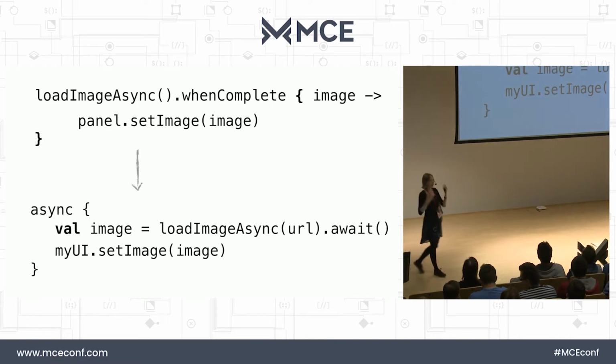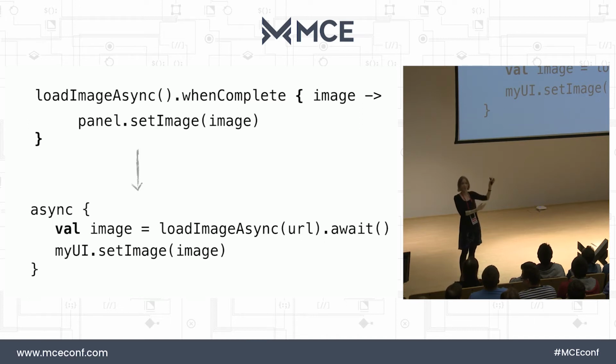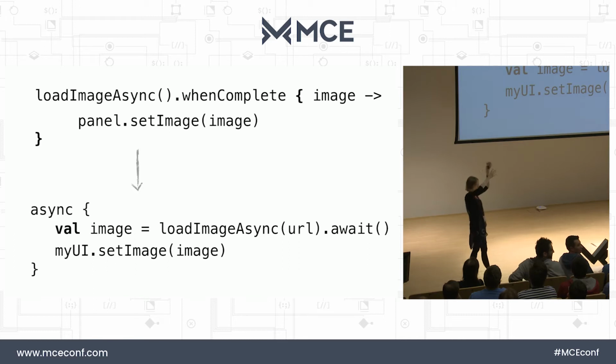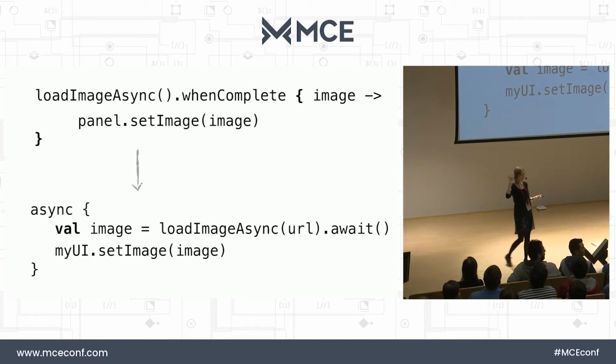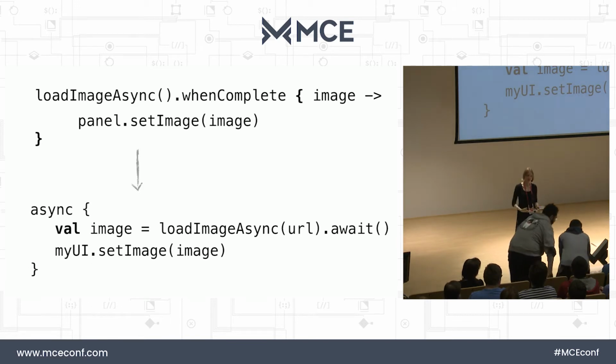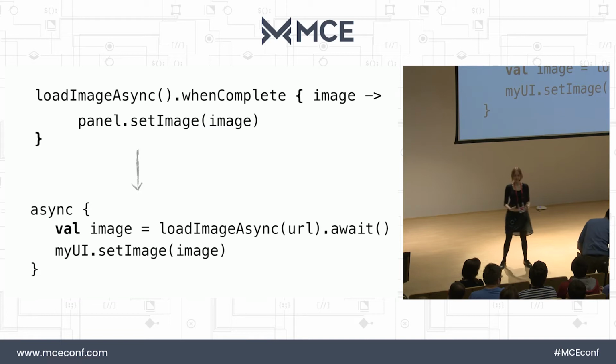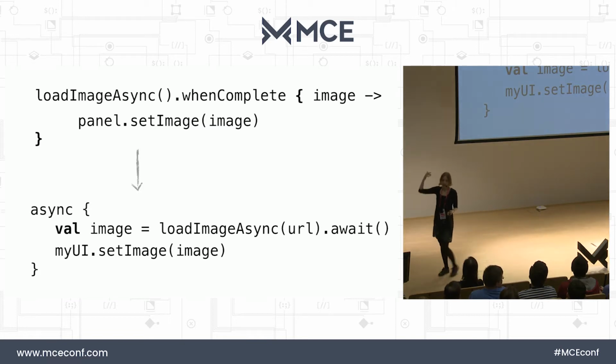So again, the whole point of coroutines is this: they allow you to write sequential code instead of defining callbacks. This is the example that explains everything, that shows you why we have these coroutines at all. Through the rest of the talk, we will discuss how it's actually implemented, how it works, and why it is so important. So the goal is just being able to write very simple code as before, but without blocking threads.